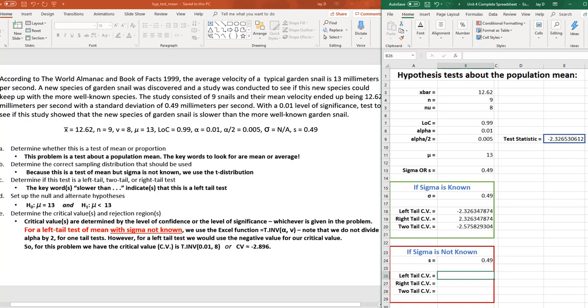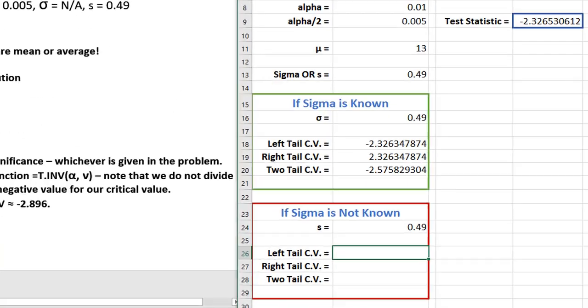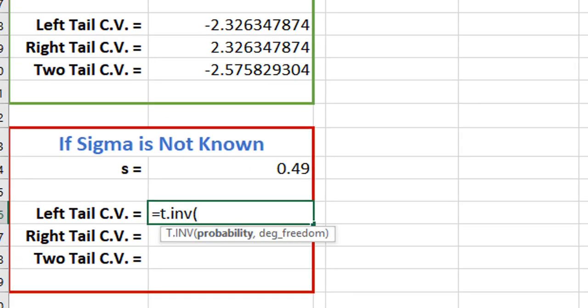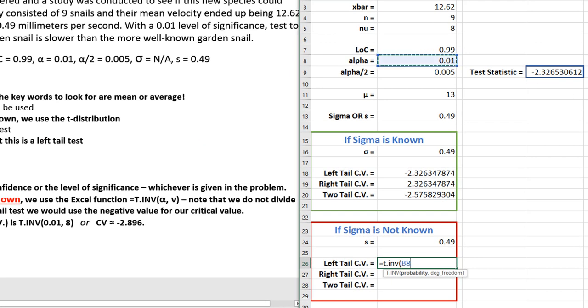So for a left tail critical value, and this happens to be a left tail test, we're going to say equals T.INV, open parenthesis, alpha, which is this value right here, comma, nu, or my degrees of freedom, which is right here, close parenthesis, and that gives me a negative value, negative 2.89645, etc. To get the right tail critical value, we do what we did in the green box above and take the absolute value of the left tail critical value.